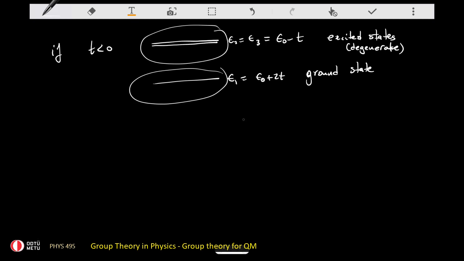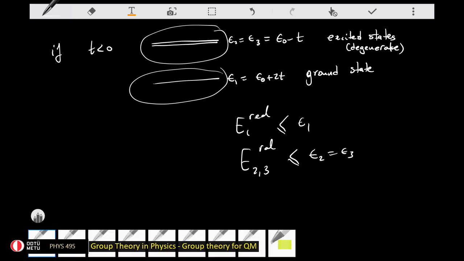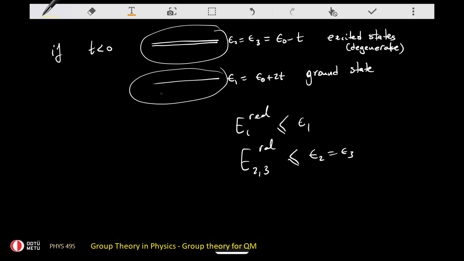Again, let's just say that there are also real energies. In that case, the real ground state energy should be less than epsilon 1. And the real second and third excited state energies should be less than or equal to this epsilon 2, which is the same thing as epsilon 3. So the real levels will be somewhat like that.